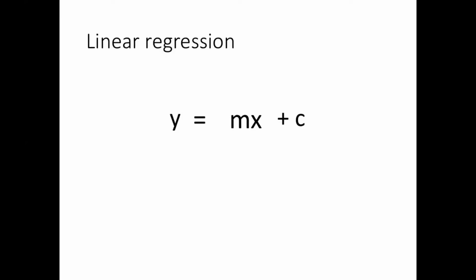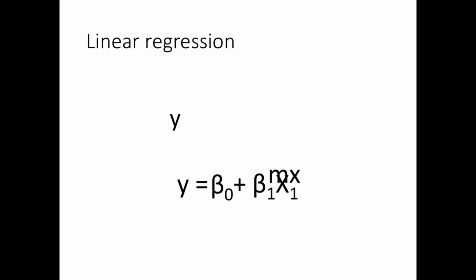Now, this equation could very well be rewritten, substituting m and c, as y is equal to beta naught plus beta 1 x1, where c can easily be replaced by beta naught and the term mx has been replaced by beta 1 x1.